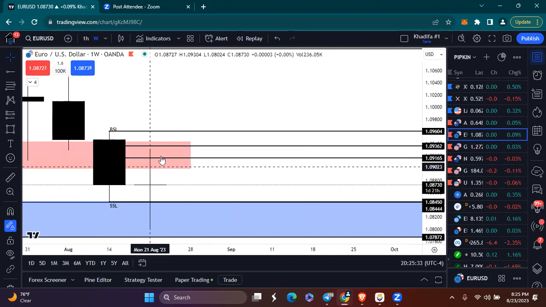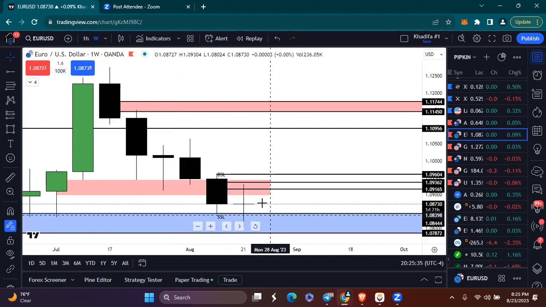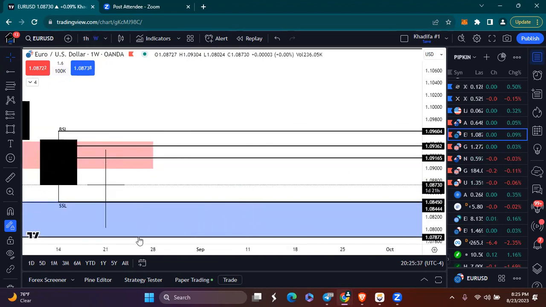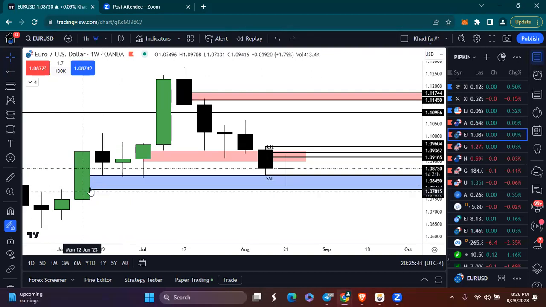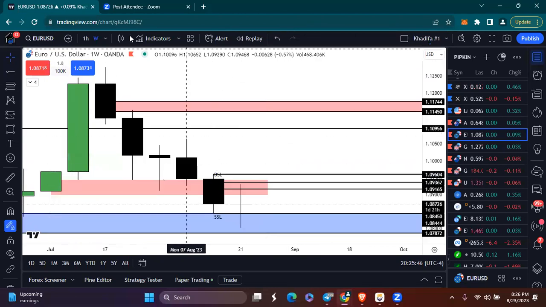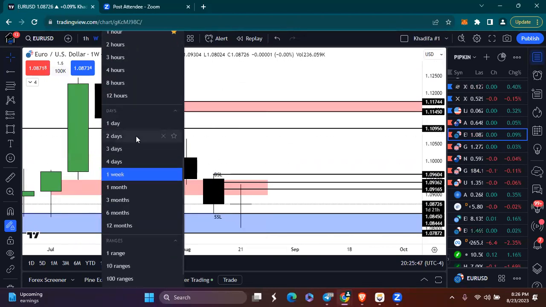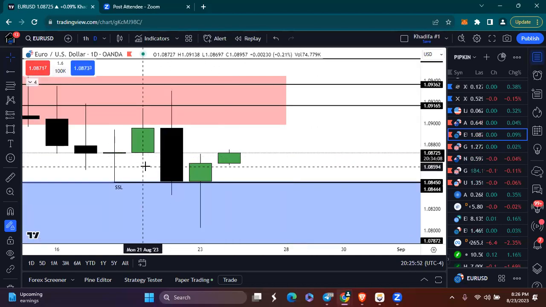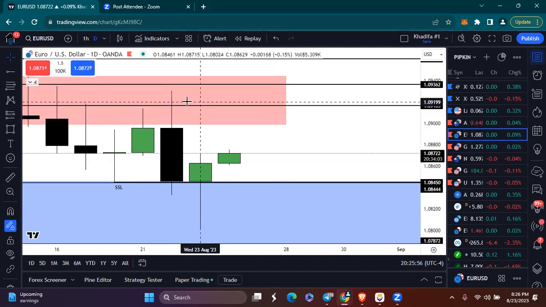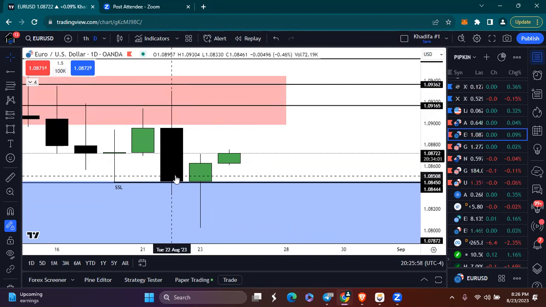We got that first level ran, and then price came back down into this weekly fair value gap, right? Let's break it down to the daily. We'll see Monday, price reached up for that PD array, went ahead and ran it Tuesday.